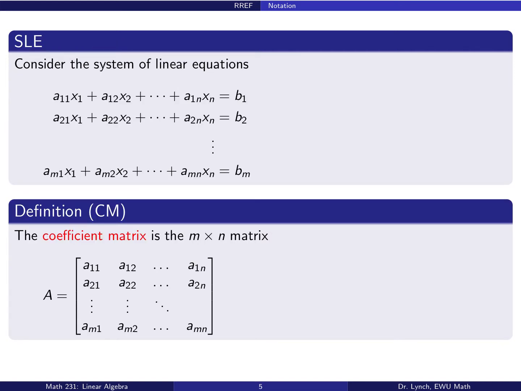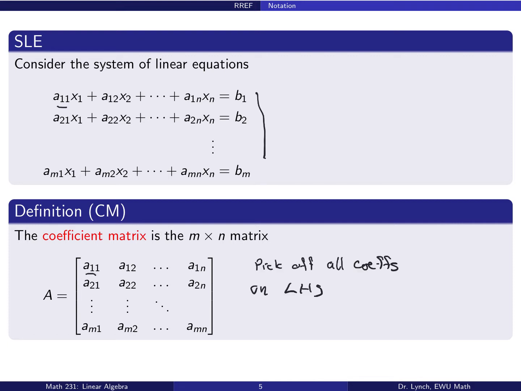So we can use these matrices and vectors to represent a system of linear equations. Here is the system of linear equations that we talked about in our last video, the system with M equations, N unknowns. We define the coefficient matrix A as a matrix of coefficients. Here we just pick off each coefficient of x1 through xn in the first through mth equation.